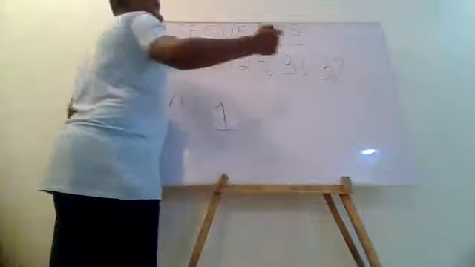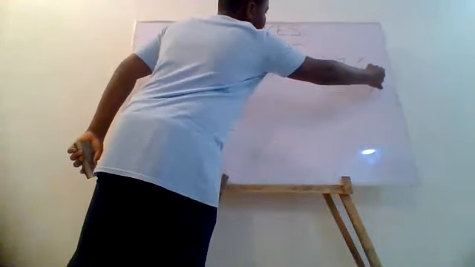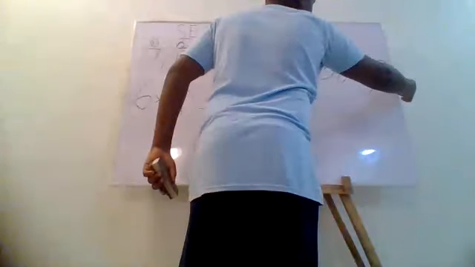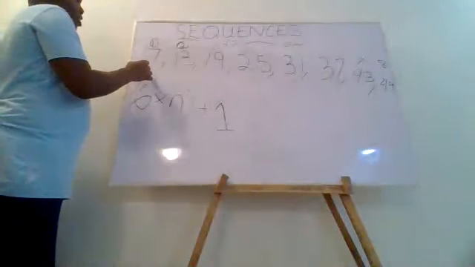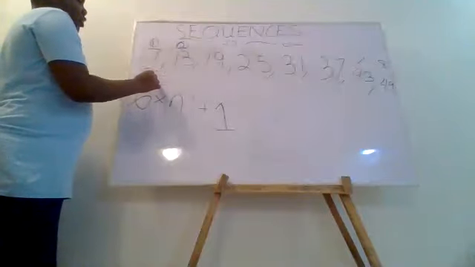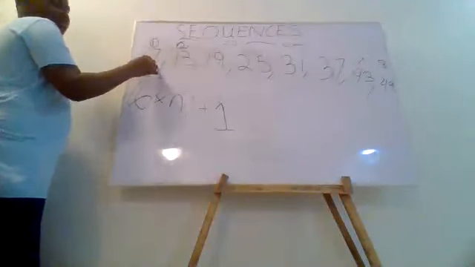And 6 times 7 is 42, 42 plus 1 is 43. 6 times 8 is 48, 48 plus 1 is 49. And lastly, 6 times 9 is 54, and 54 plus 1 is 55. So those are the last 3 terms of this sequence.